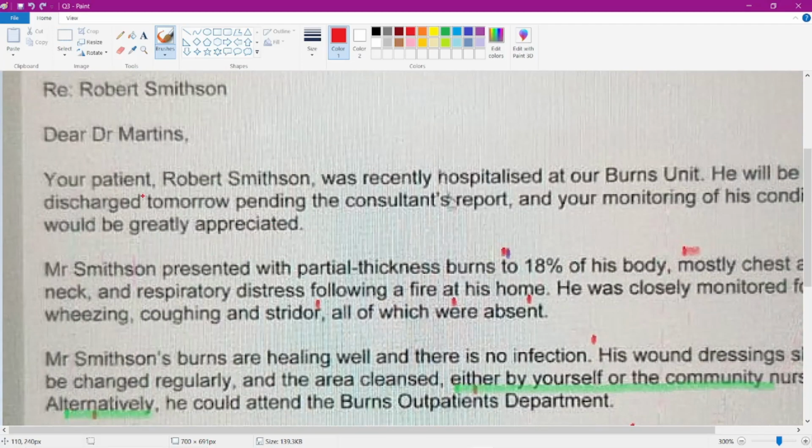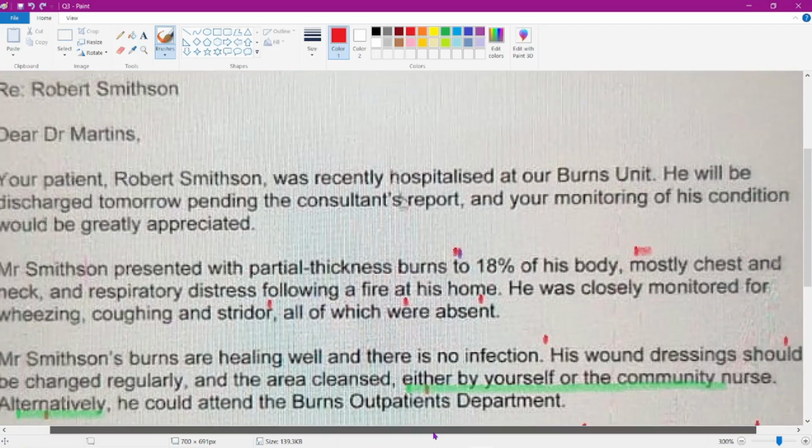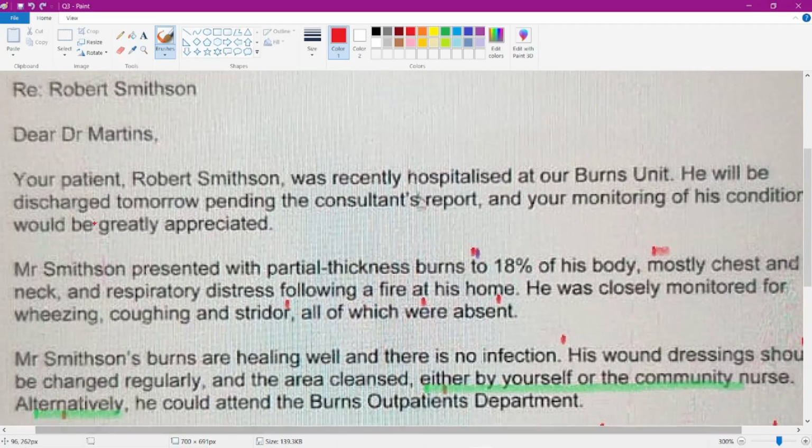You can also write, I am writing to update information regarding your patient Robert Smithson, or your patient Robert Smithson was recently hospitalized at our burns unit. He will be discharged tomorrow. The discharge has been mentioned and it is a discharge letter.